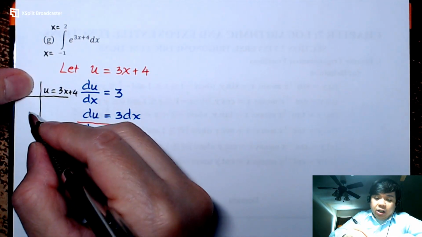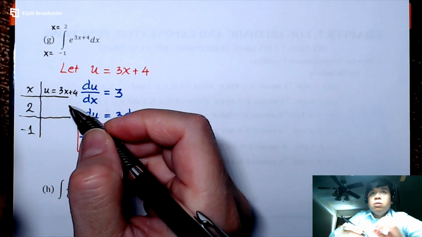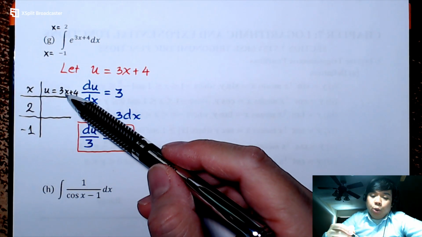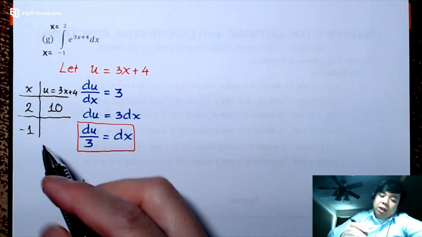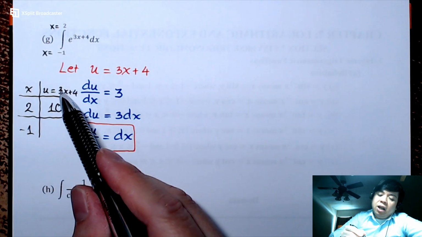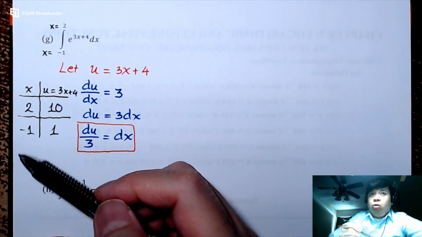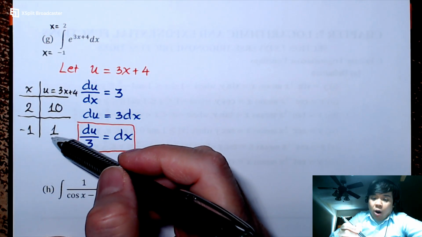Originally, it goes from -1 to 2. So I will put in for x 2 here, 3 times 2 plus 4, that will be 10. And -1 in here, -3 plus 4 is 1. So x goes from -1 to 2, u will go from 1 to 10.